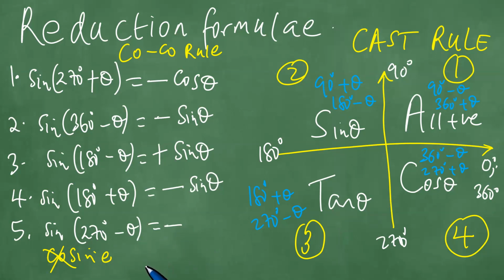And then what else do we write, Pekhalelo? Is it going to be the cosine? Cosine theta, because of the co-function change at 270, because of the co-co rule. Sine has no co. The co-co rule says if there's no co and there is 270, put on the co, and it becomes cosine with the negative.